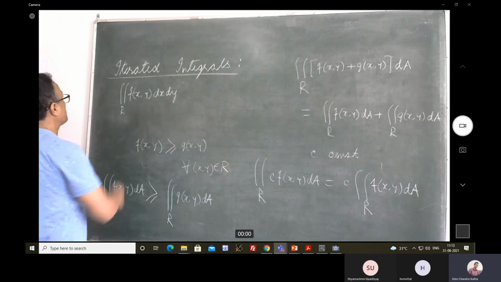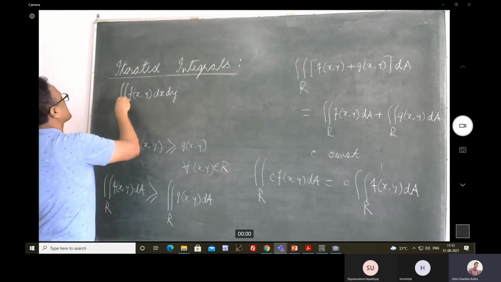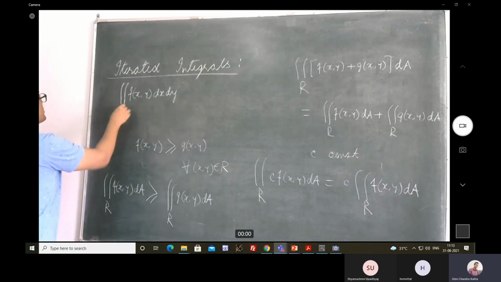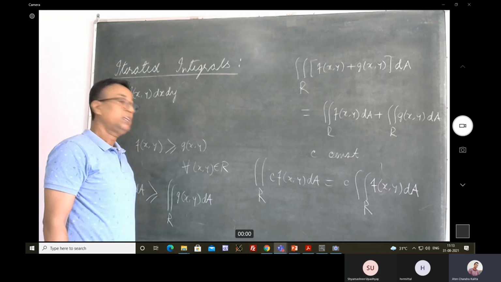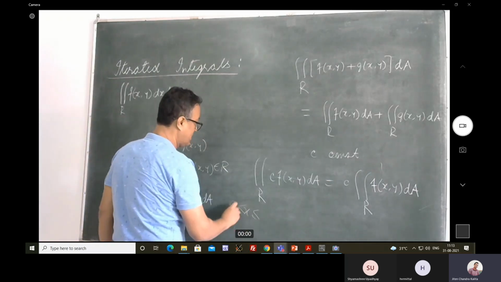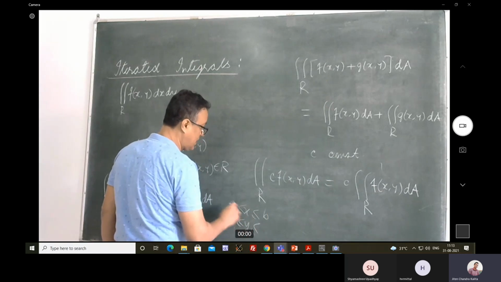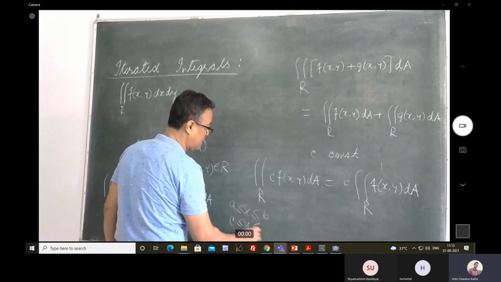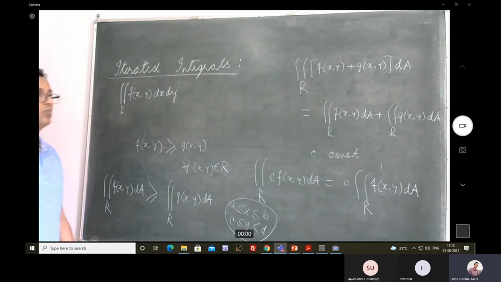Here we have simply used the symbol of the double integral over the region R. We haven't talked about the order in which we are going to take the upper and lower limits of x and y. That is where the question of iterated integrals will come.